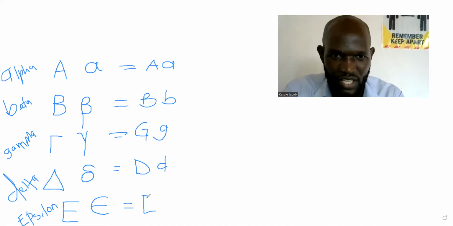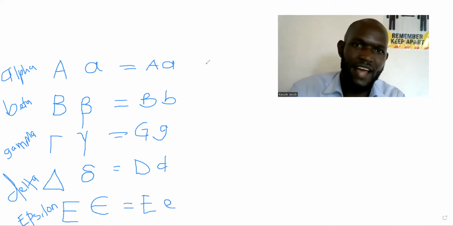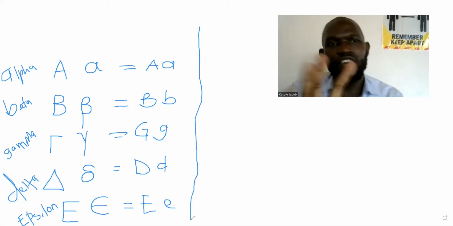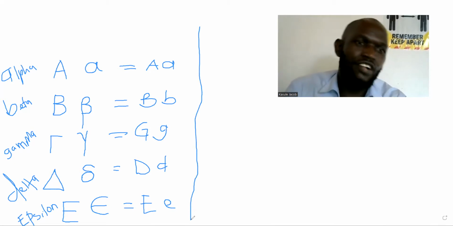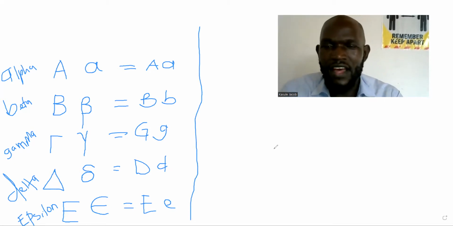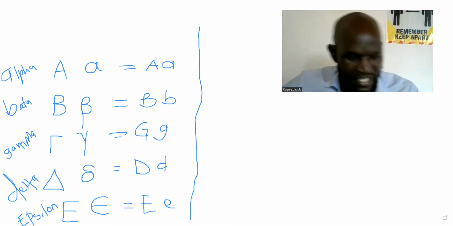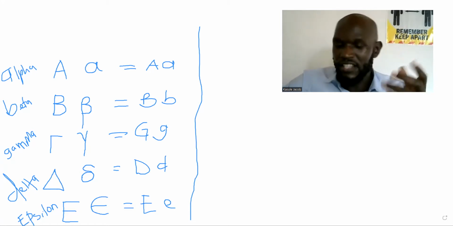So it's equivalent to the English E, something that we know like that, right? So at least we've gone this far: alpha, beta, gamma, delta, epsilon, and then we get to the next letters, which are zeta and eta and theta, right?